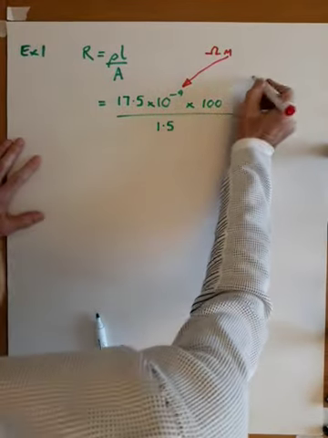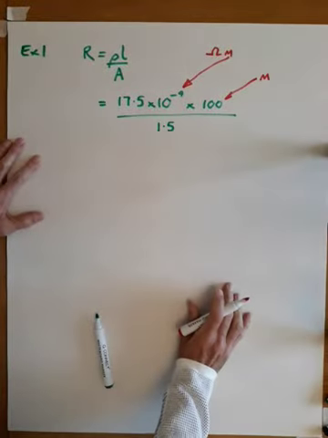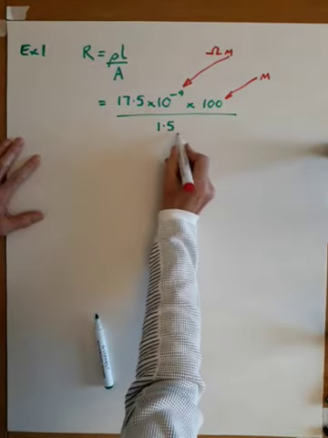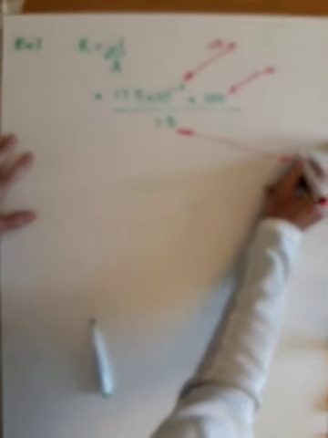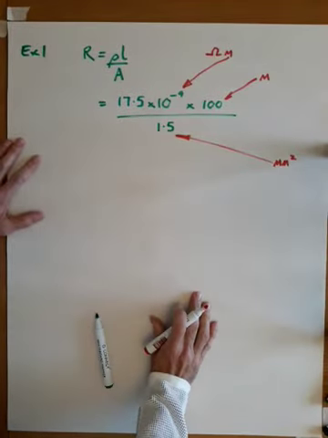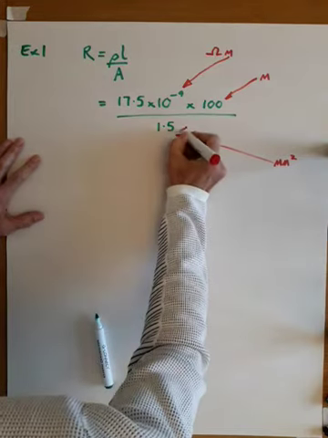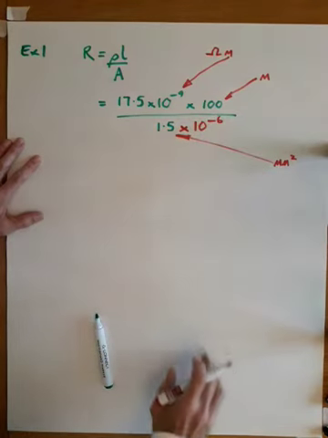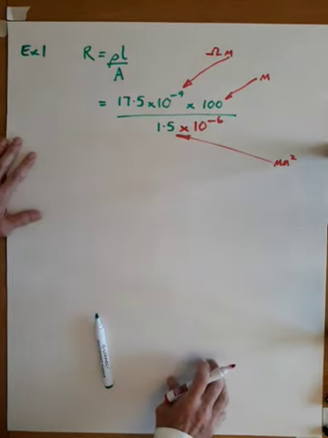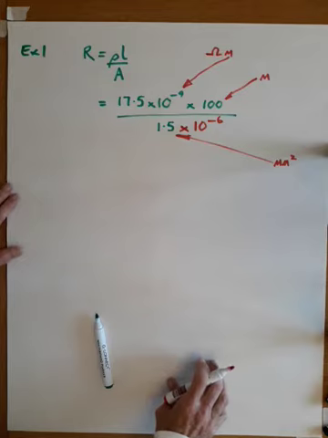The length of the cable was 100 meters, and at this moment in time the area is in millimeters squared, so we need to convert it to square meters, and all we do is times 10 to the minus 6. So that's what you need to do at that point.